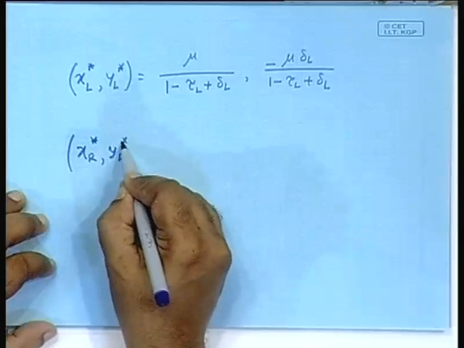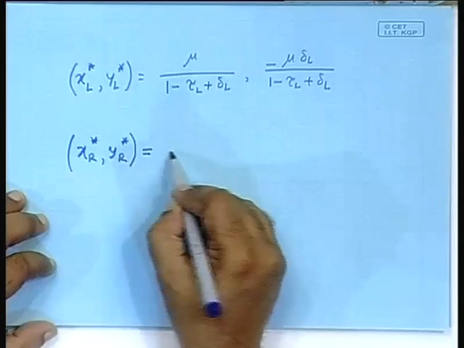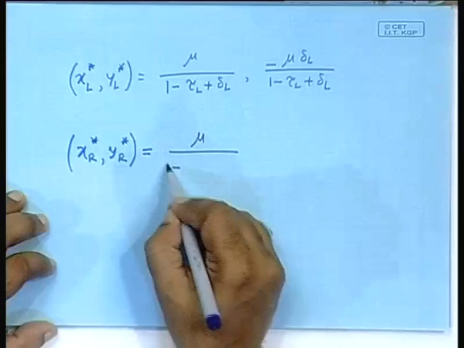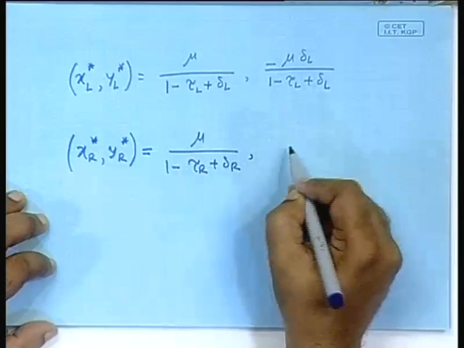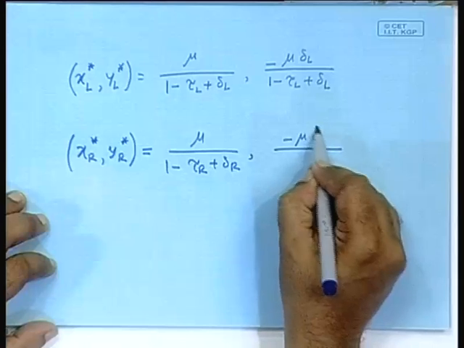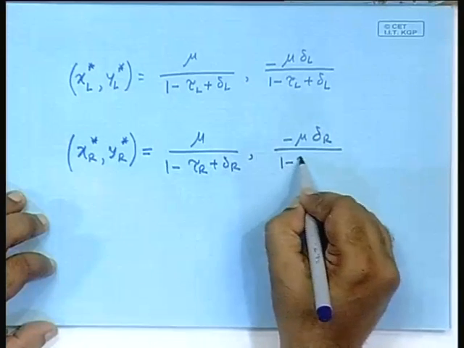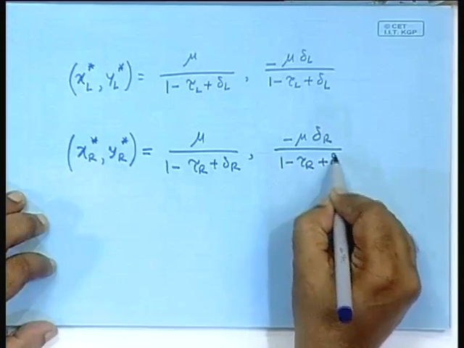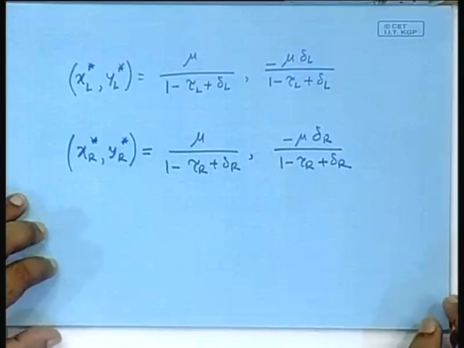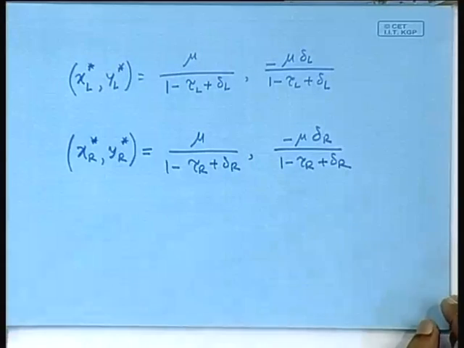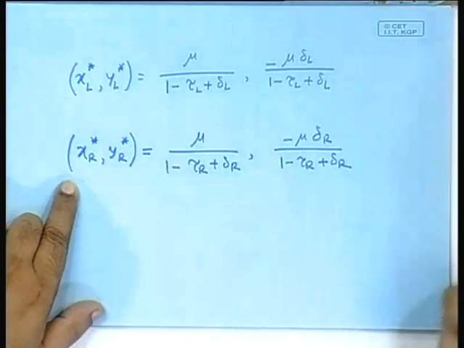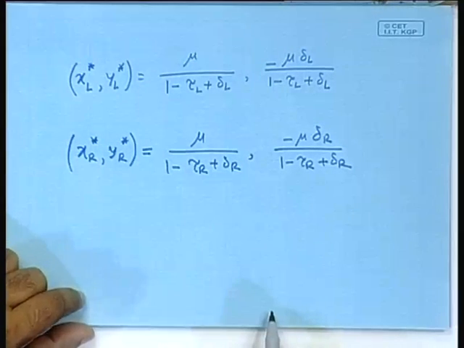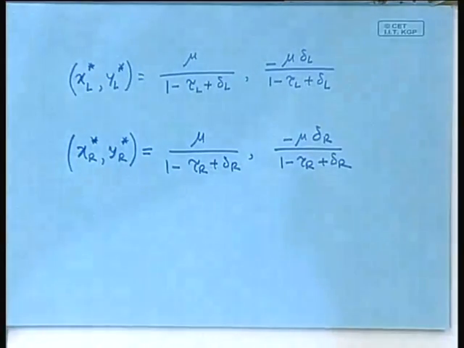Because of symmetry, I can blindly write it, and this value will occur if the x component is positive. Fine.